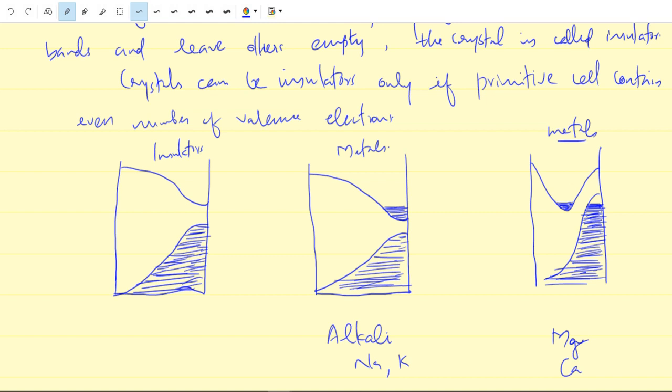There will be partly occupied bands, so they are metals. Whereas in the case of alkali metals, such as sodium and potassium, there is an odd number of valence electrons in the primitive cell, so they should be metals.